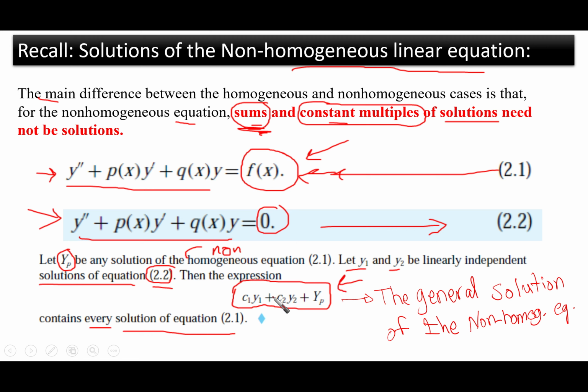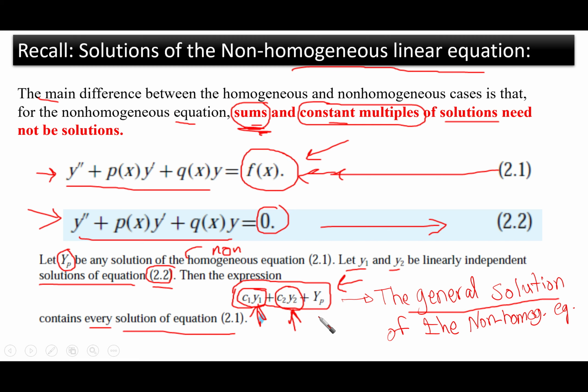As you can see here, in order to obtain the general solution of the non-homogeneous equation, we need to get, exactly, the two independent solutions first of the homogeneous equation, or the associated homogeneous equation. This is a prerequisite in order to obtain the general solution of our non-homogeneous equation.